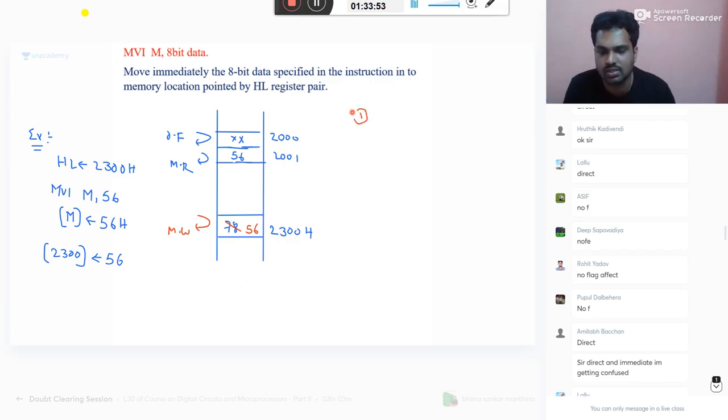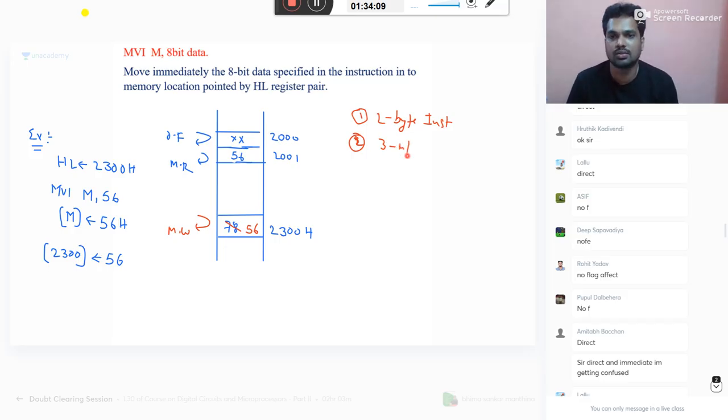So how many bytes? It is a 2-byte instruction, with 3 machine cycles: opcode fetch, memory read, memory write, and 10 T states.